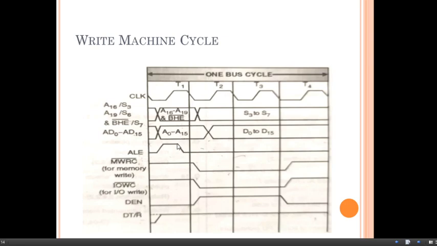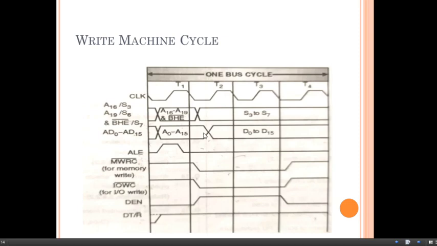After some time this ALE is made low and the address will get latched into the external latches. Now the 8086 will remove the address A0 to A15 from these AD0 to AD15 lines and output the desired data on the data bus.